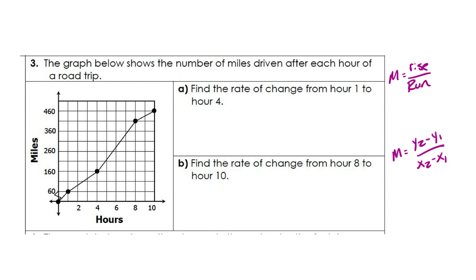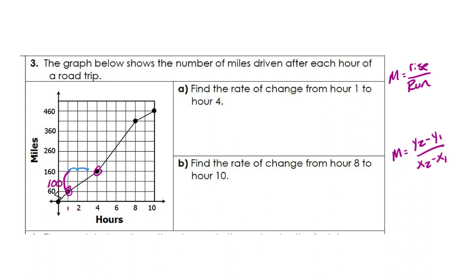So for A, let's just look at the graph. Okay, so 1 is here, so I rise. If I go from 1 to 4 hours, I'm going to go from here up. So from 60 to 160 is 100. I know this is a positive slope. And then from 1 hour to 4 hours is 3 hours.